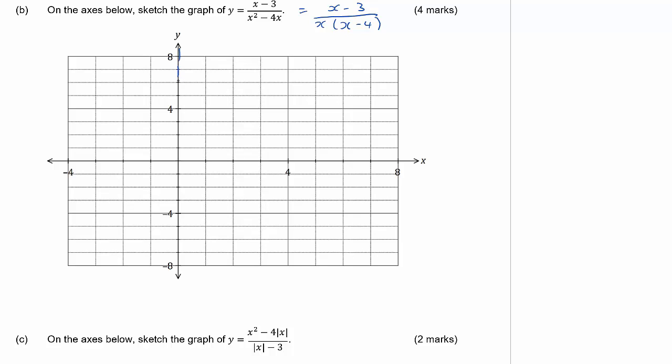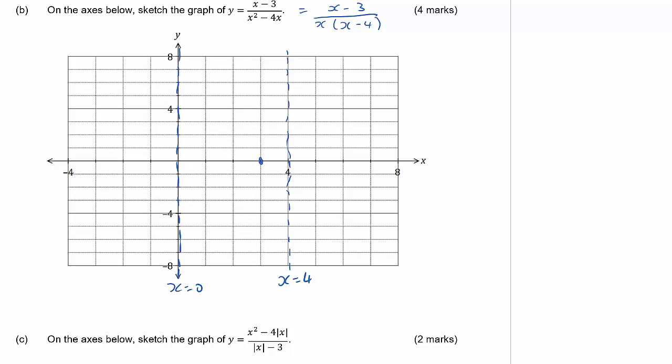So we've got an asymptote here at x equals 0. We've got an asymptote at x equals 4. And 3 is going to be a 0 for the function.